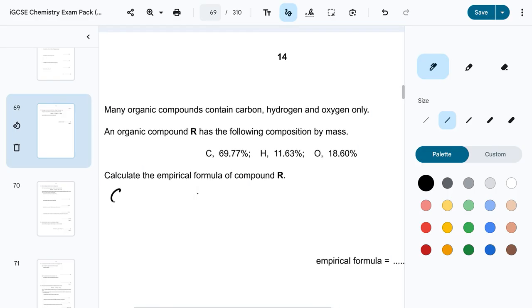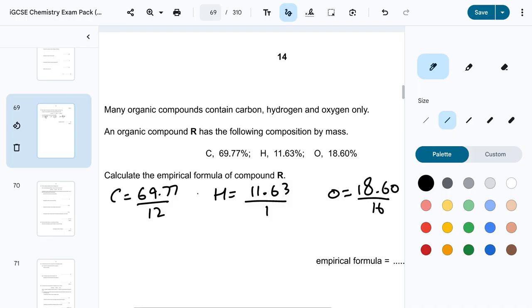Same thing: for carbon, 69.77 divided by 12, hydrogen 1.63 divided by 1, and oxygen 18.60 divided by 16. For carbon, 69.77 divided by 12, I got 5.81. For hydrogen it is 11.63, and for oxygen, 18.60 divided by 16 is 1.16.